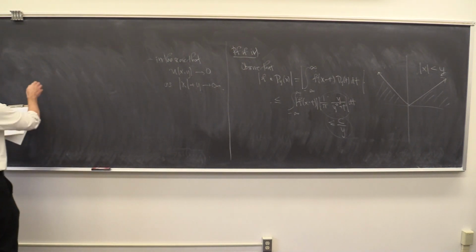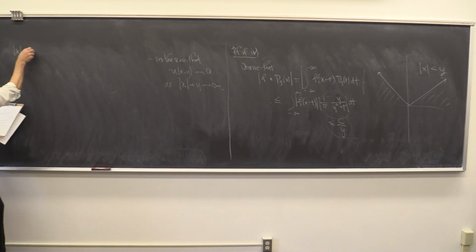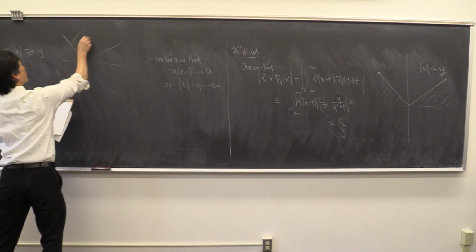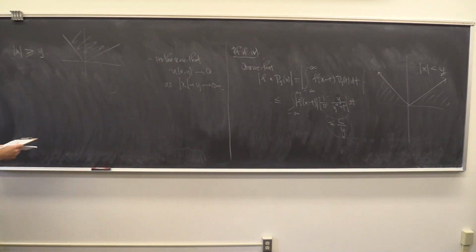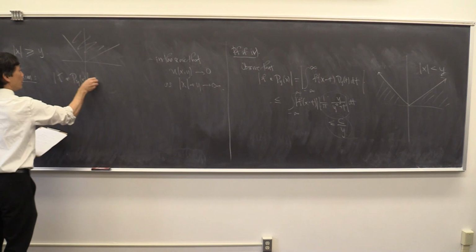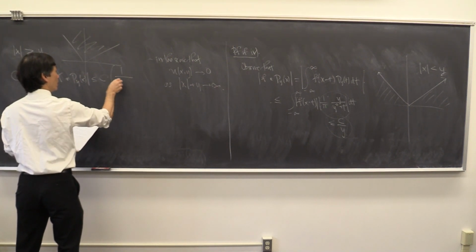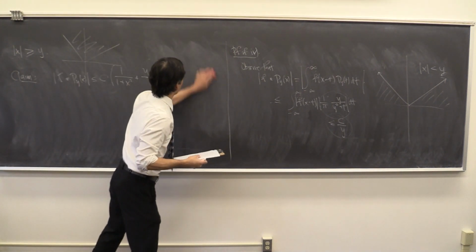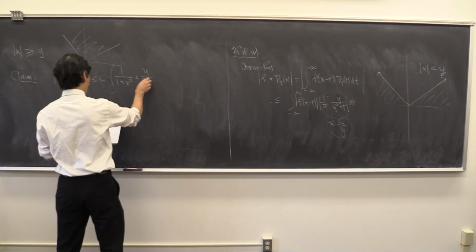Okay. So then we need to look at the other case, when the absolute value of x is greater than y. When we're heading like this to infinity, we use the following estimate: f convolved with p sub y of x is controlled by c times 1 over 1 plus x squared, plus y over x squared plus y squared.